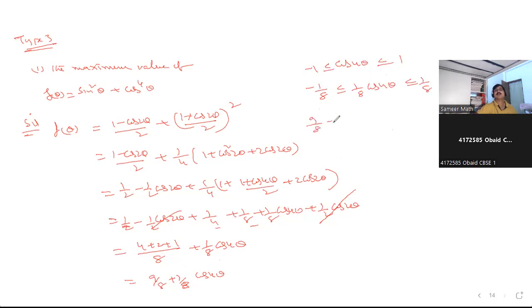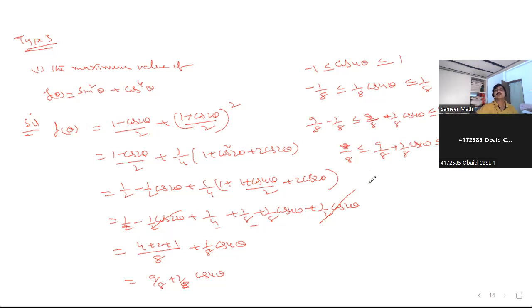If you add 9 by 8 here, plus 1 by 8 cos 4 theta, we get 9 by 8 plus 1 by 8 cos 4 theta, less than or equal to 9 by 8 plus 1 by 8, which is 10 by 8.